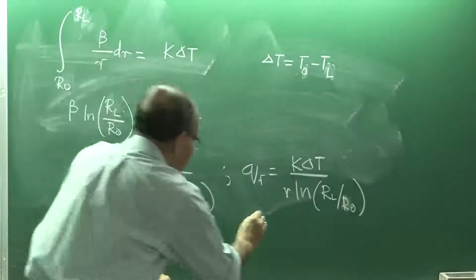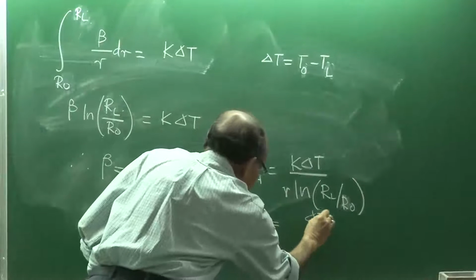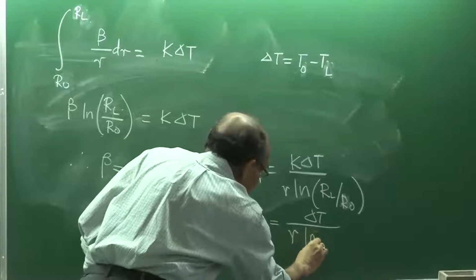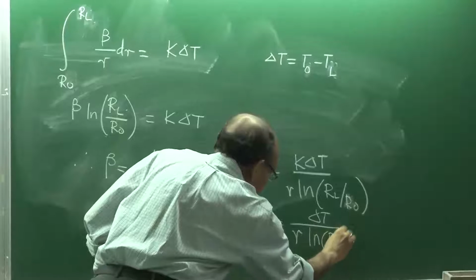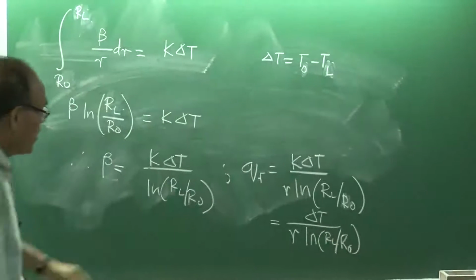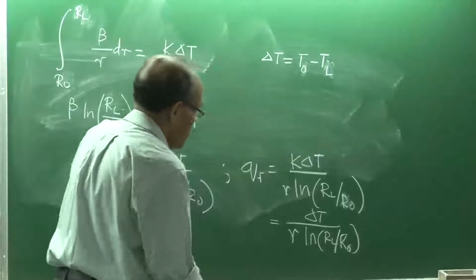And therefore, you can see that the definition of thermal resistance now has ln RL by R0, and then the K has come here.